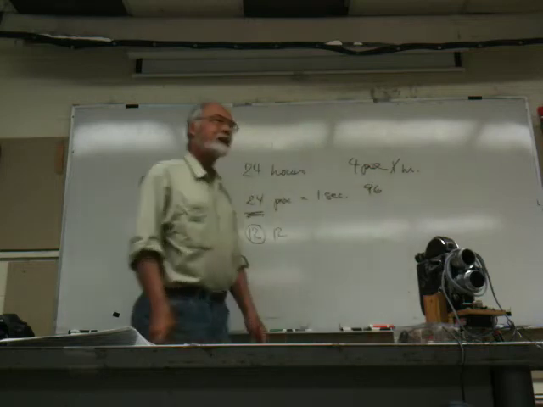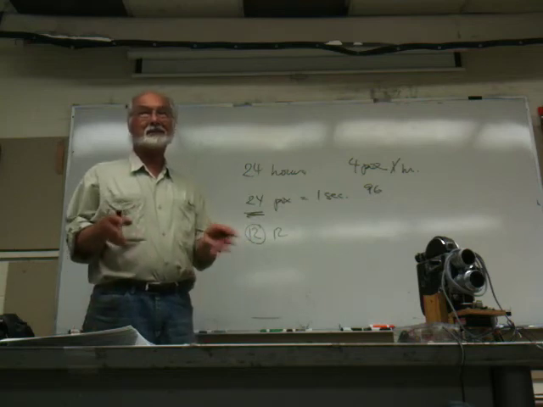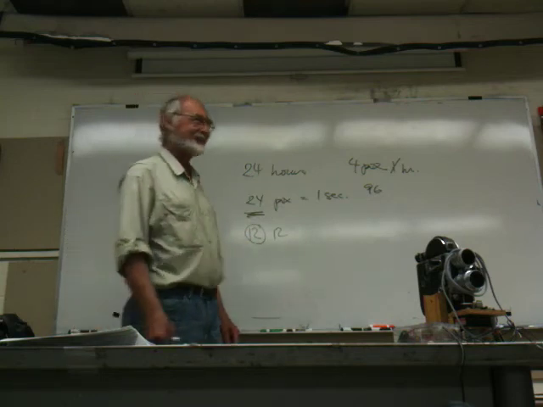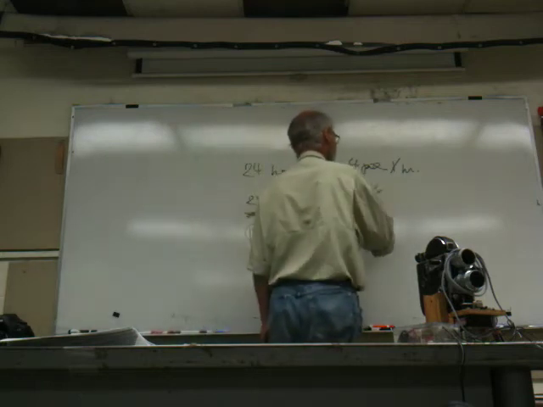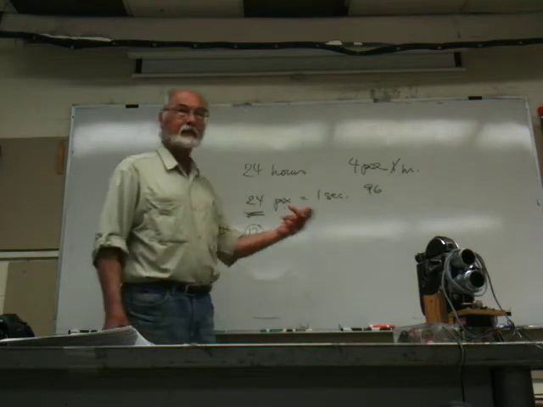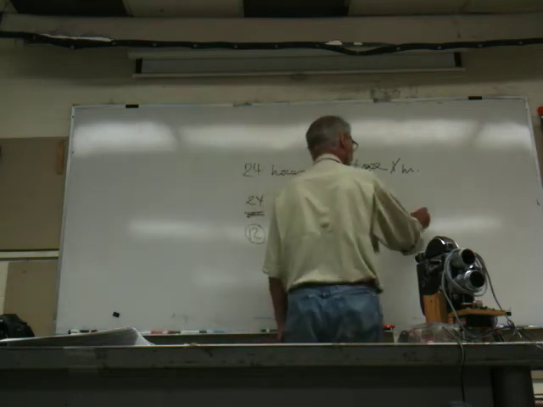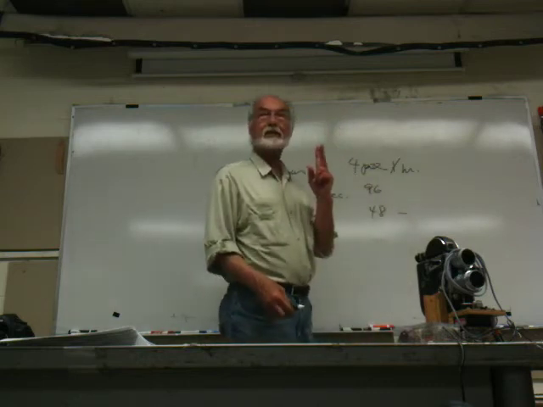Oh, yeah, and the neat thing about the 96 was that it's close to 100, and that's a nice number to work with. So I said, okay, 96, and out of these, however, half of them are no good, right? But I have 48. Well, now that gives me 2 seconds per day.